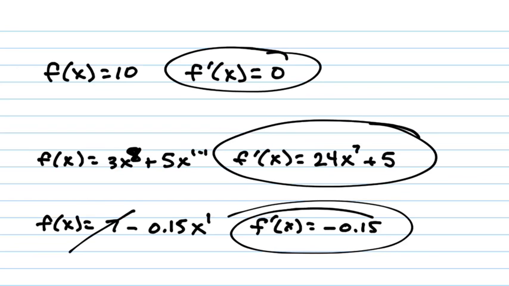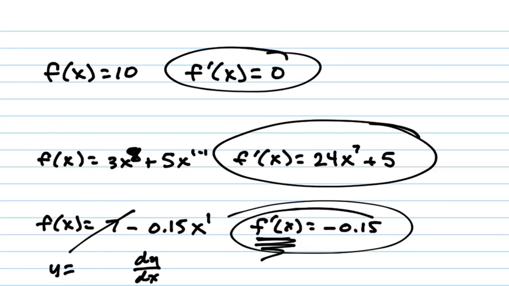Okay? If they gave it to you as y equals something, then you put dy/dx. But why do we need to know how to do the prime function? Why are we finding the derivative?